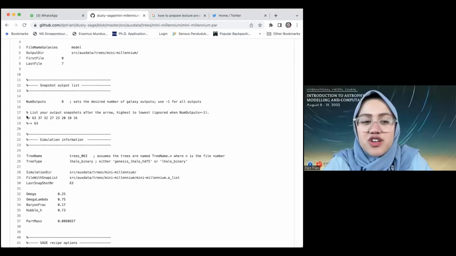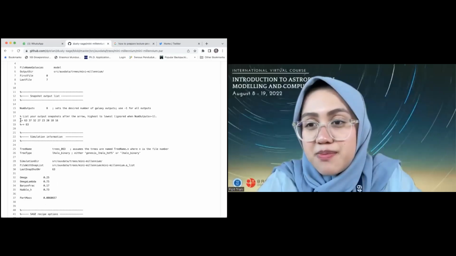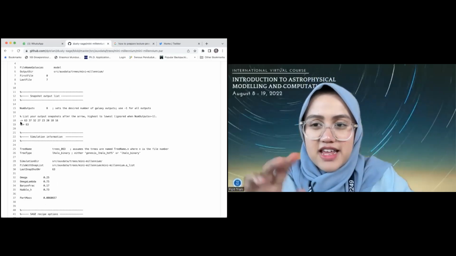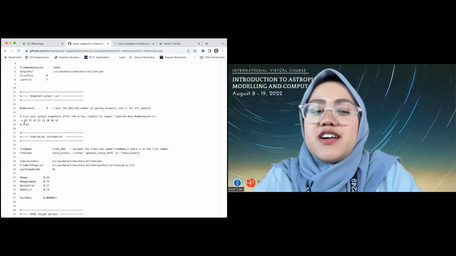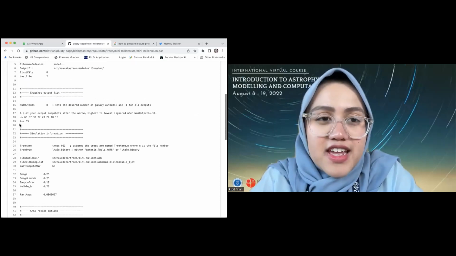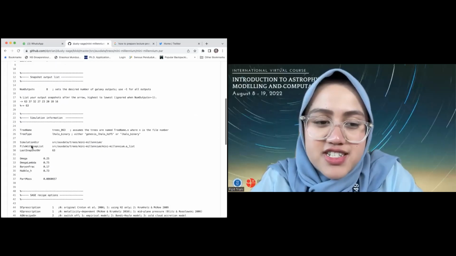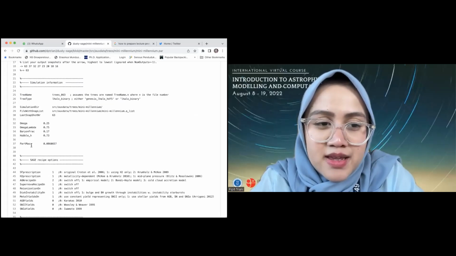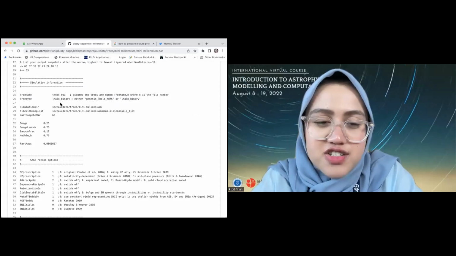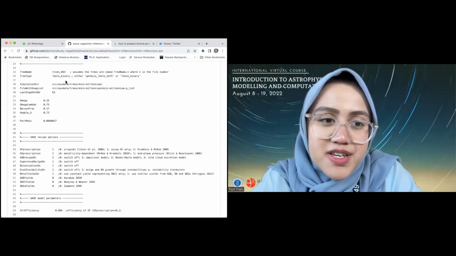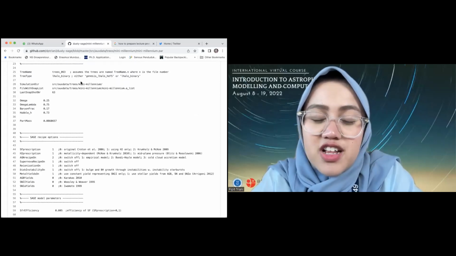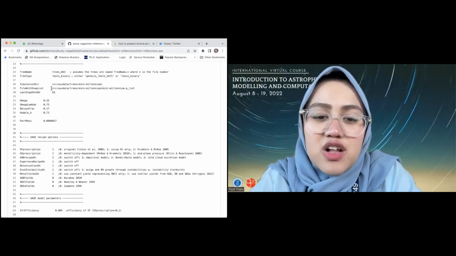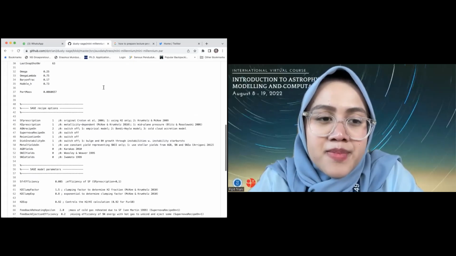But if you only want redshift 0 results, then just put num outputs 1 and put only 63 here. You can comment lines out using a percent symbol. You can change this, and everything else here just leave as it is, because the trees file is in the mini millennium, and a file with the snapshot list is here.